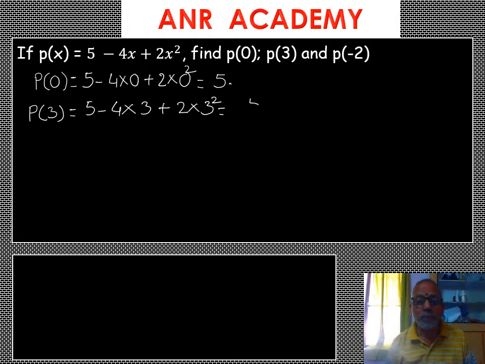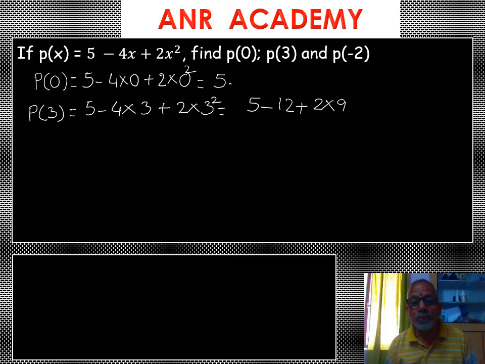So 5 minus 4 3s are 12 plus 2 into 3 square. What is the value of 3 square? 9. What is the value of 2 into 9? 18. So 5 minus 12 plus 18.